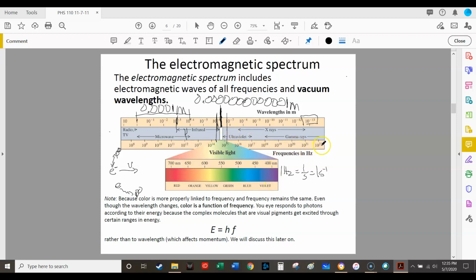This is high frequency, this is low frequency, right? So red is going to have a lower frequency, and it's also related to the wavelength, right? You basically count how many peaks are going past you at a moment of time, and that is frequency, okay?